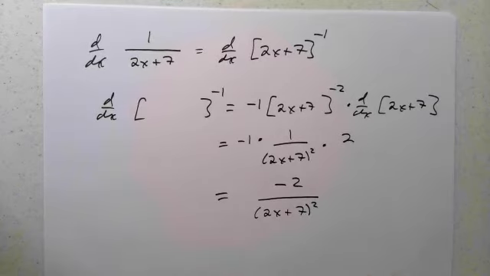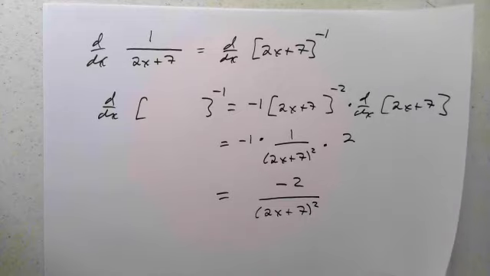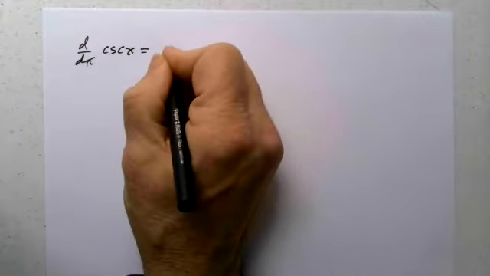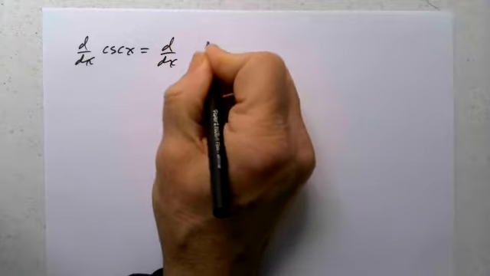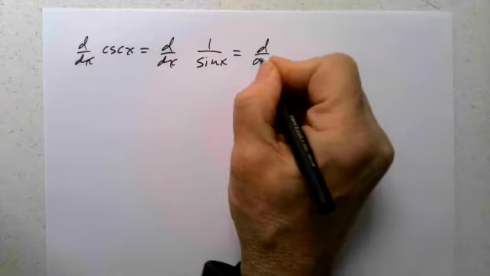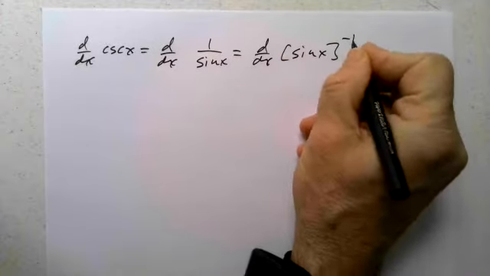And notice we could also use this to find the derivative of secant or cosecant, which we've done previously with the quotient rule. Let's do it here with the chain rule. So if I want the derivative of cosecant x, for example, which is the derivative of 1 over sine x, which is the derivative of sine x to the negative 1.